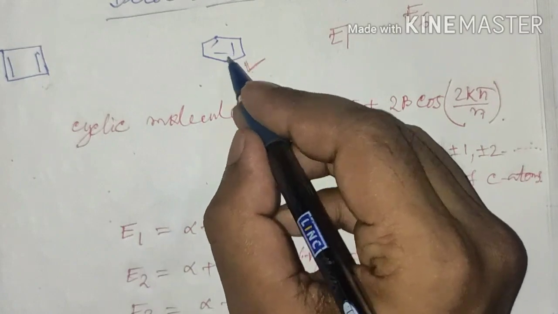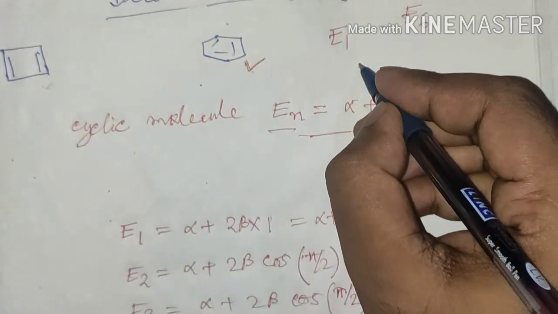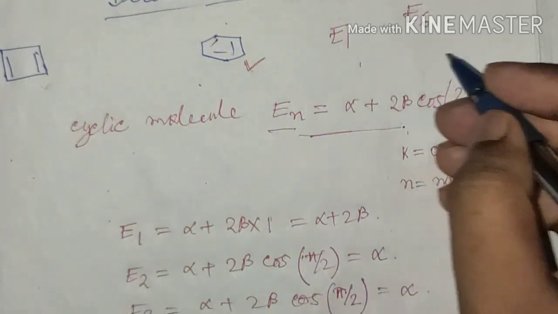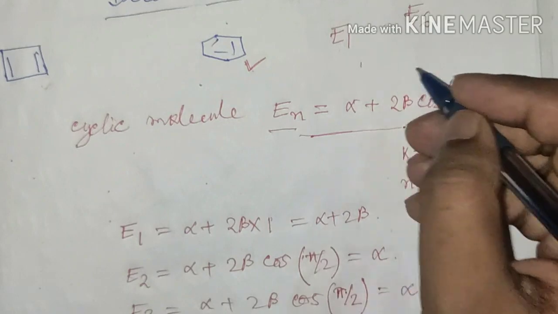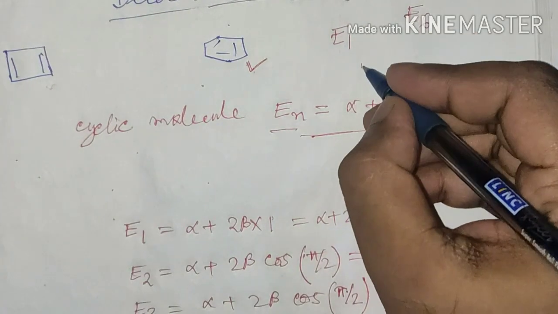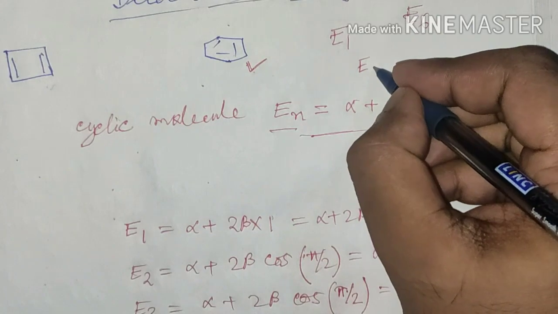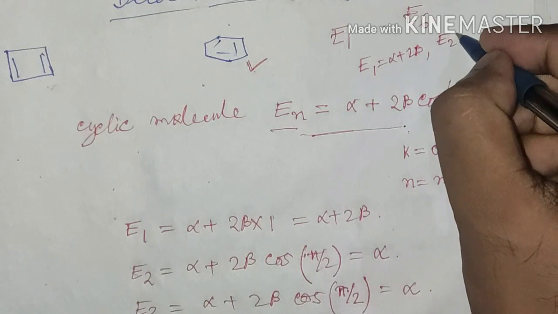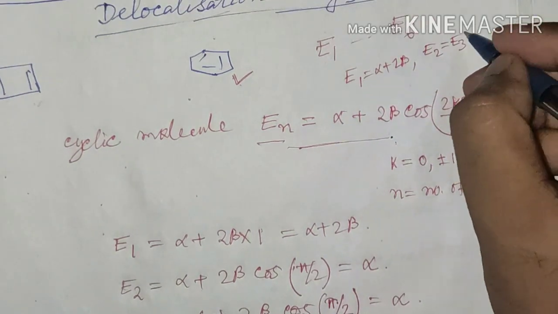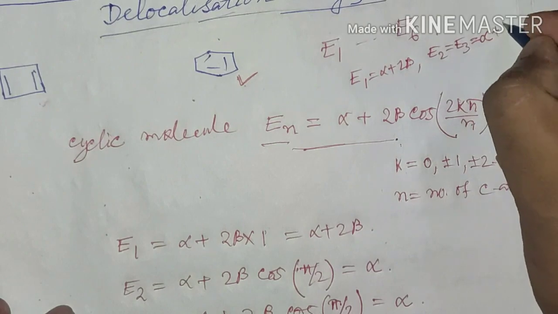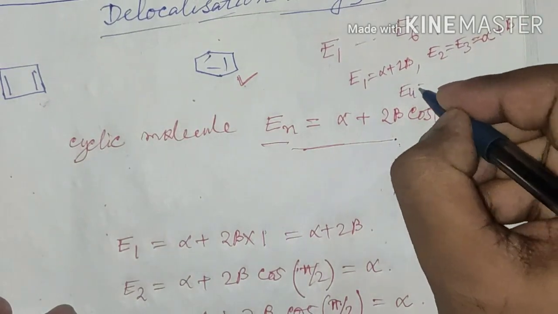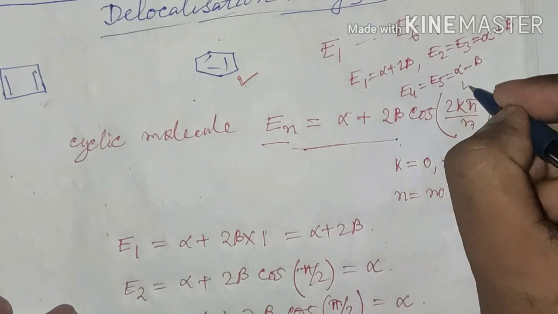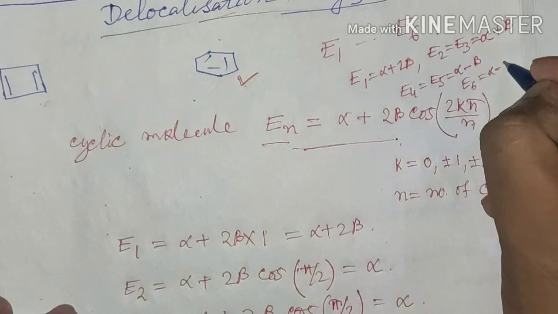Since there are 6 electrons, the electrons will be distributed among 3 molecular orbitals, and if you calculate the energy, you will get E1 equal to alpha plus 2 beta, E2 and E3 will be degenerate with energy alpha plus beta, E4 and E5 will be degenerate with energy alpha minus beta, and E6 energy will be alpha minus 2 beta.